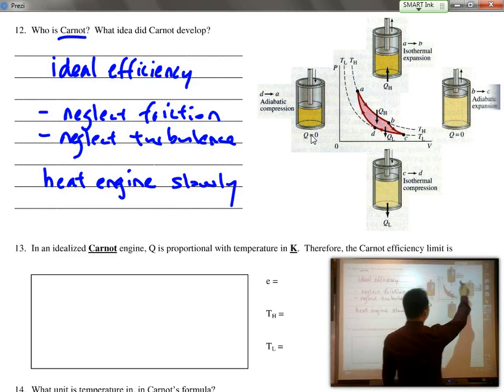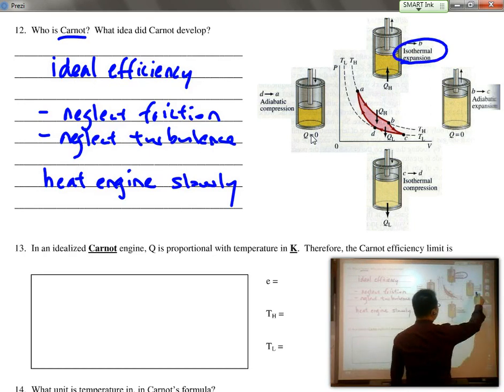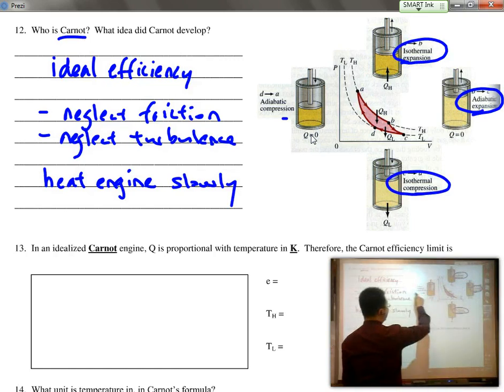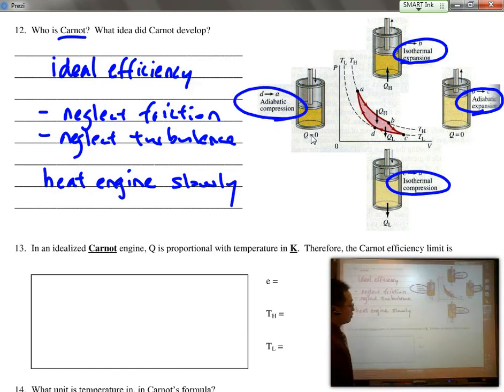And you realize that it starts with an isothermal expansion, and then an adiabatic expansion, then an isothermal compression, and an adiabatic compression. Okay?